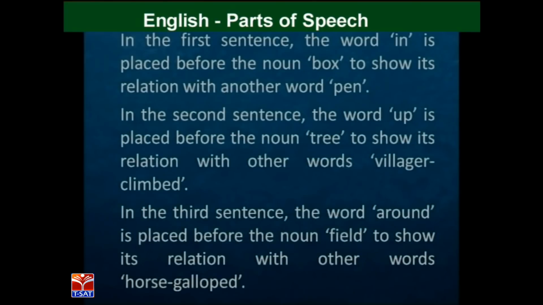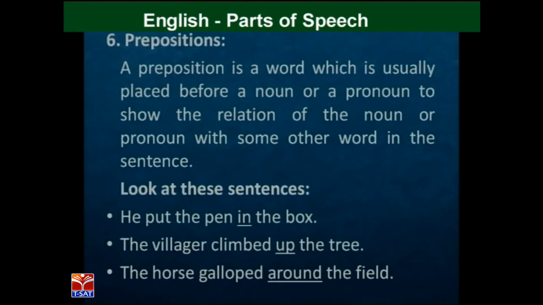Similarly, in the second sentence, the word up is placed before the noun tree to show its relation with other words like villager, climbed. Similarly, in the third sentence, the word around is placed before the noun field to show its relation between the horse galloped and the field.